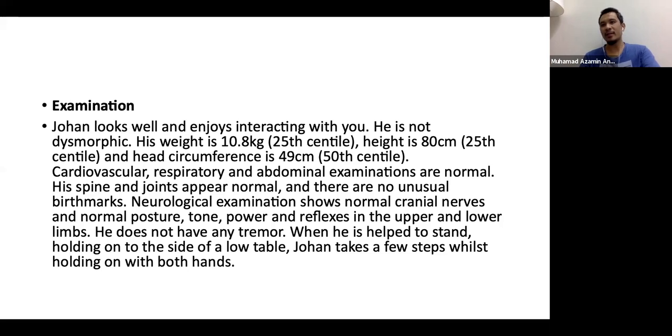For example, mucopolysaccharidoses like Hurler syndrome, Pompe syndrome, many MPS, MPS type 1, MPS type 2 and so on. Those are the metabolic conditions that can lead to developmental delay.